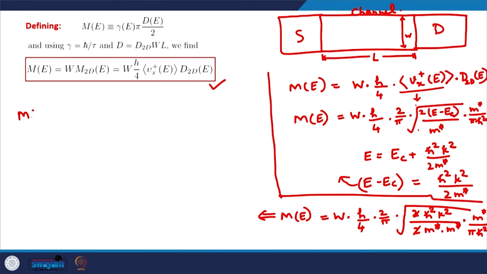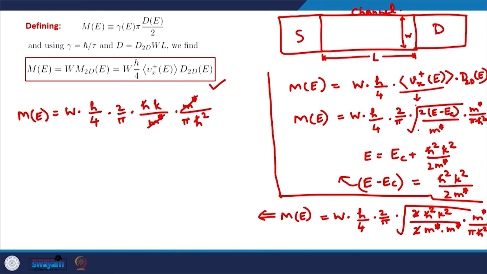This on further simplification becomes W times h by 4 times 2 by pi. Now everything comes out of the square root. So it is h bar k divided by m star multiplied by m star divided by pi h bar square.